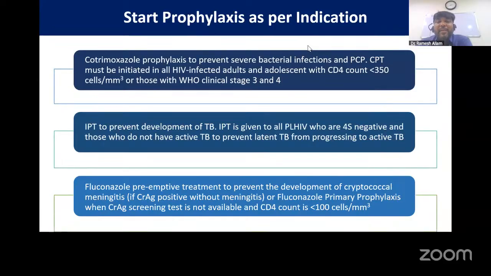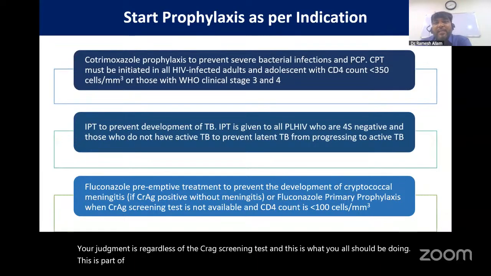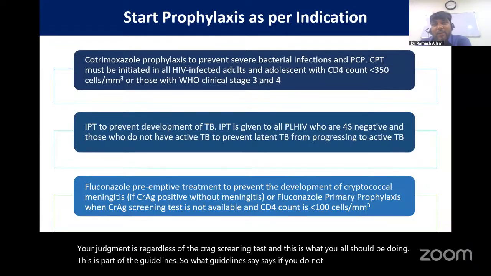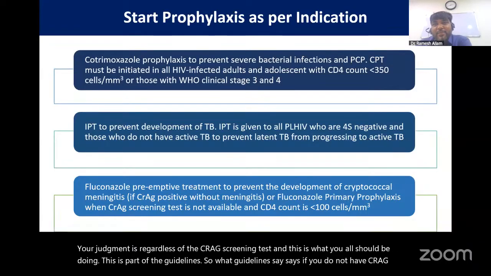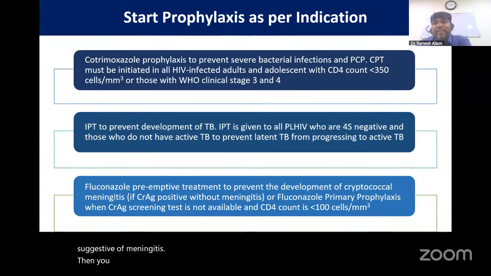Yeah, so this is primary prophylaxis, Baba. Your judgment is regardless of the CrAg screening test. And this is what you all should be doing. This is part of the guidelines. So what the guidelines say is, if you do not have CrAg, and a patient is presenting to you with a CD4 count less than 100 and has no signs and symptoms suggestive of meningitis, then you offer primary prophylaxis of fluconazole to this patient.